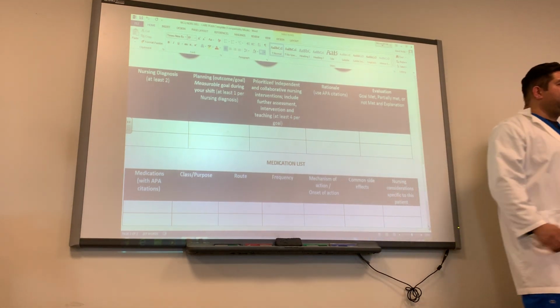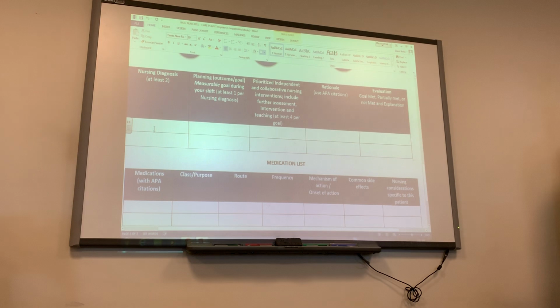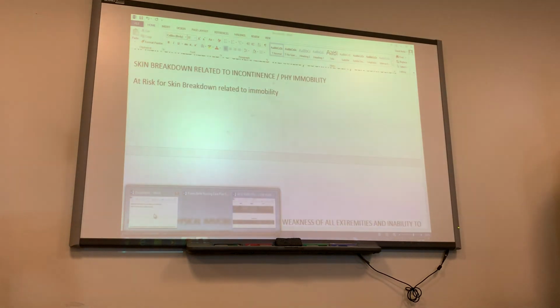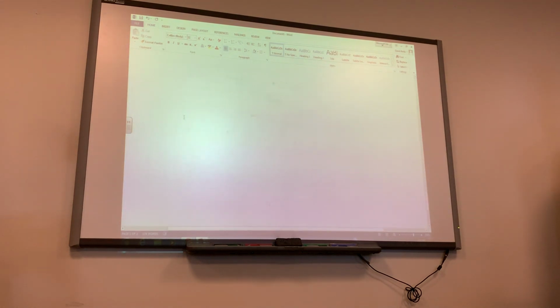So let's talk about this. The nursing diagnosis, and we'll get back to this document. I already know the nursing diagnosis for NG tube insertion. A patient has a small bowel obstruction. It goes something like this. Are you ready? And I'm using all caps. Actually, I'll write it in the format it should be written.